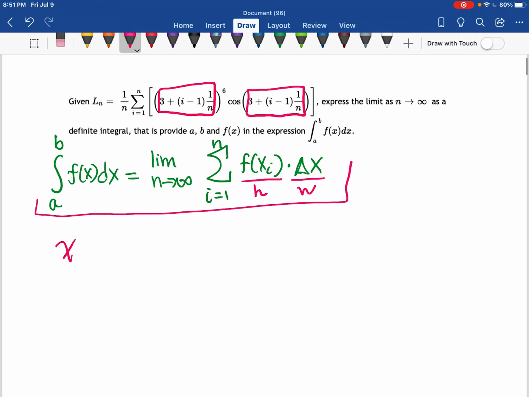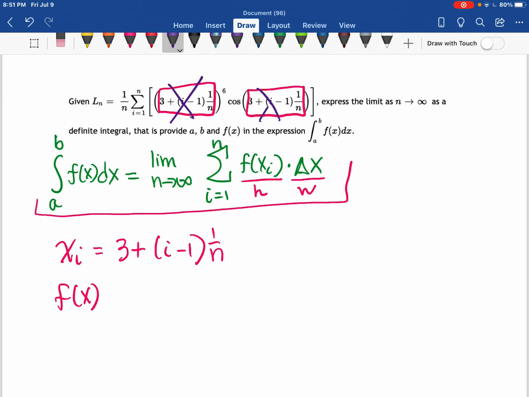So first of all, we need to identify what our endpoints are. If I look at the expression that's given to us, I see that these are the endpoints. This is what we're plugging into the function. So our xi's, that's 3 plus i minus 1 times 1 over n.